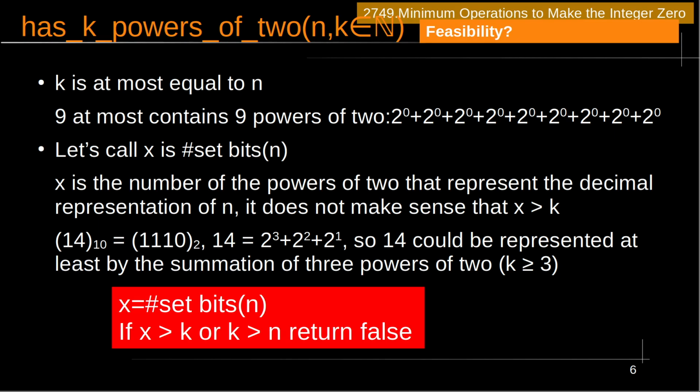You may tell me, what about 8? 8 is equal to 2 power 3. So the binary representation of 8 is this one: 1, 2, 3. So x is equal to 1. So k could be greater or equal to 1. You cannot represent 8 by 0 powers of 2.